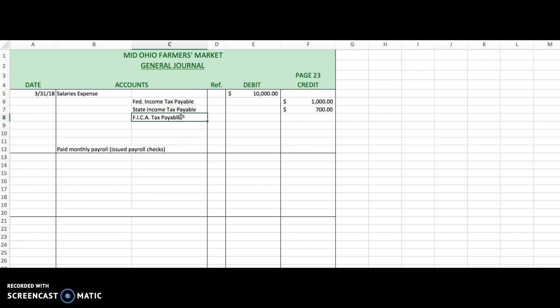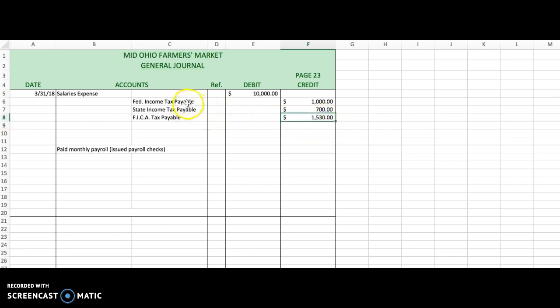One is Social Security, one is Medicare. One is a retirement plan, one is a health plan, basically. Much more detail than that, but for right now we're looking at it simplified. And again, it's something that the government requires us to withhold from our employees. And there's a series of steps to determine how this amount is arrived at, but we will plug in $1,530 for now for this entry.